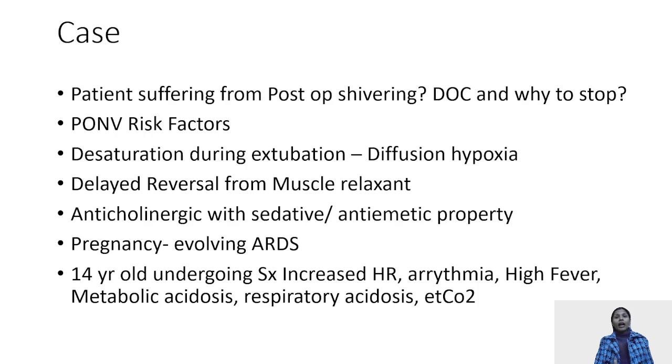Then lastly, you could have a 14-year-old undergoing strabismus surgery and suddenly you have an abrupt increase in EtCO2 and high fever with hypertension, tachycardia and arrhythmias, and the patient's ABG is showing metabolic acidosis, such a gross picture which is clearly pointing towards malignant hyperthermia.